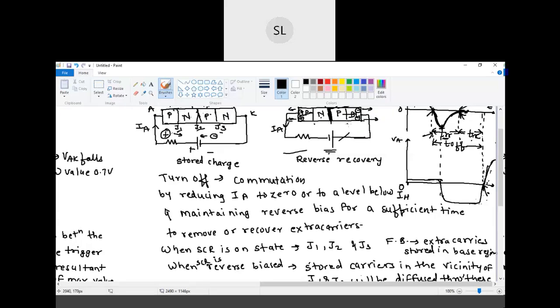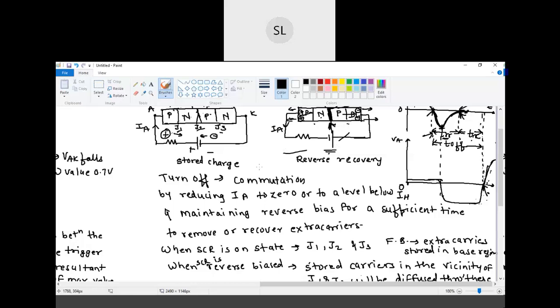Once they have been recovered, we maintain the reverse bias across the thyristor so that the charge carriers stored in the middle junction, J2, will also be recovered. Until all the charge carriers in the vicinity of the three junctions have been recovered, the thyristor cannot be turned off.